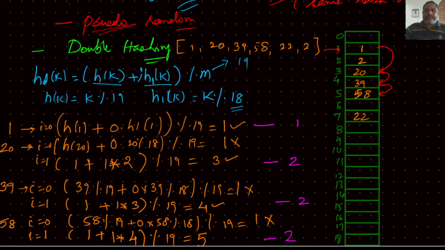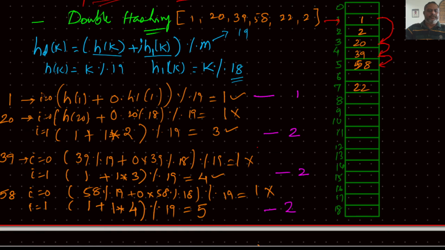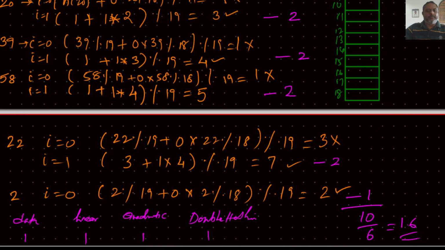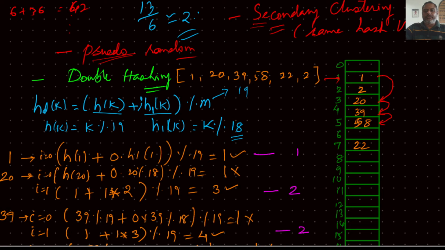So if that was already occupied, so then instead of 58, if you were trying to work for 59, then again it would have gone for 2, and then 59, 2 was already occupied. Then this would be 2, and second one will be 59 mod 18 will be 5. So 2 plus 5, that makes 7. Instead of going to location 5, it would have gone to location 7.